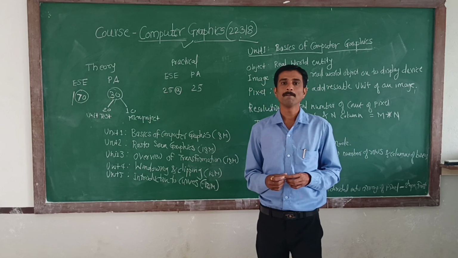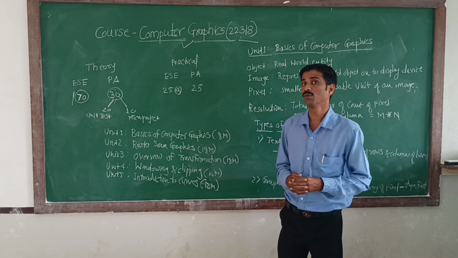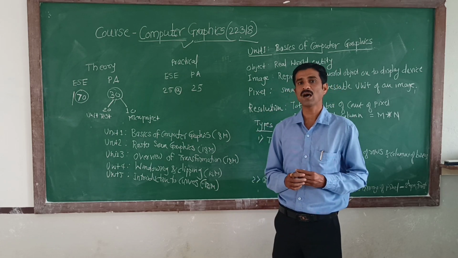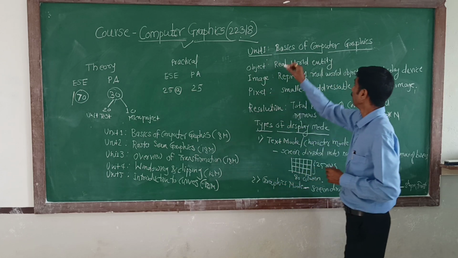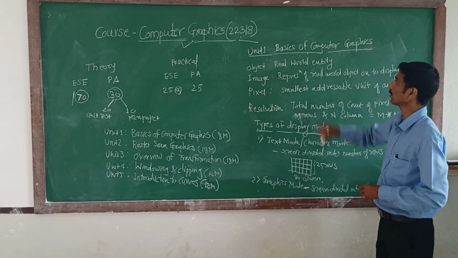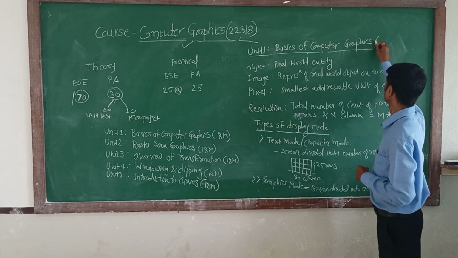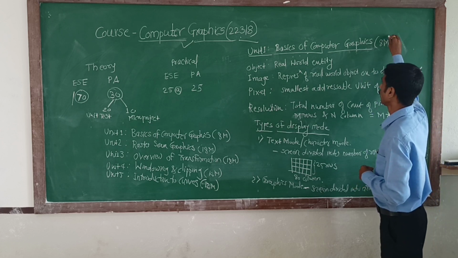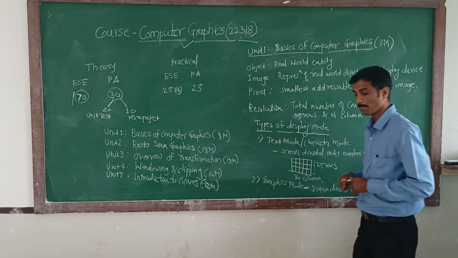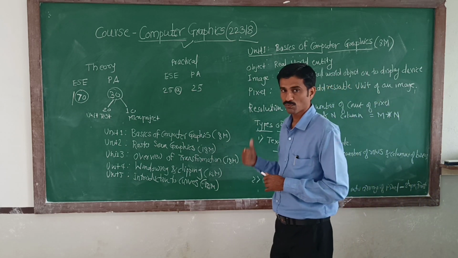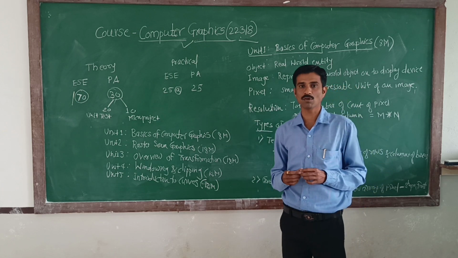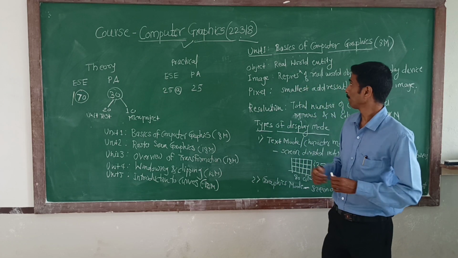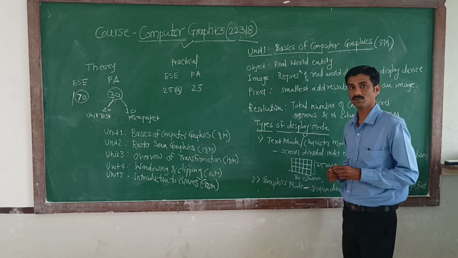Then first today we will see some part of unit 1, that is basics of computer graphics. It is asked for 8 marks. In this unit 1, now we will see some basic terminologies used in computer graphics.